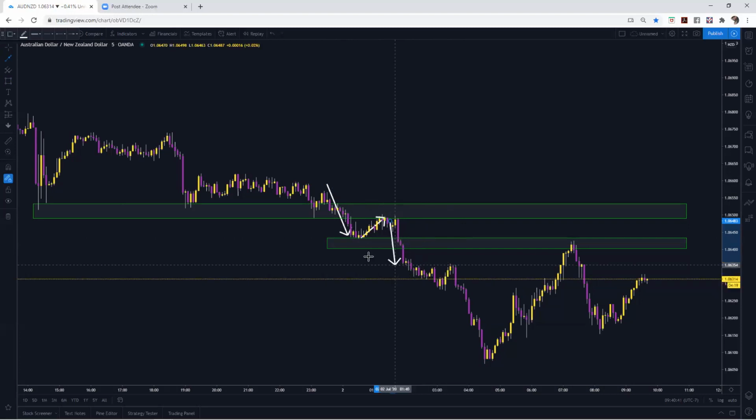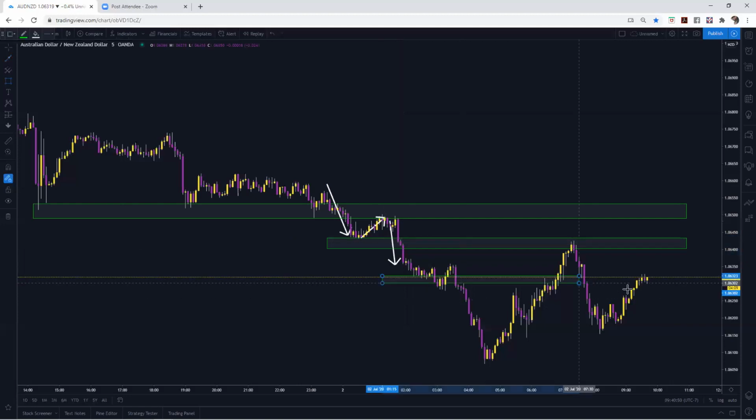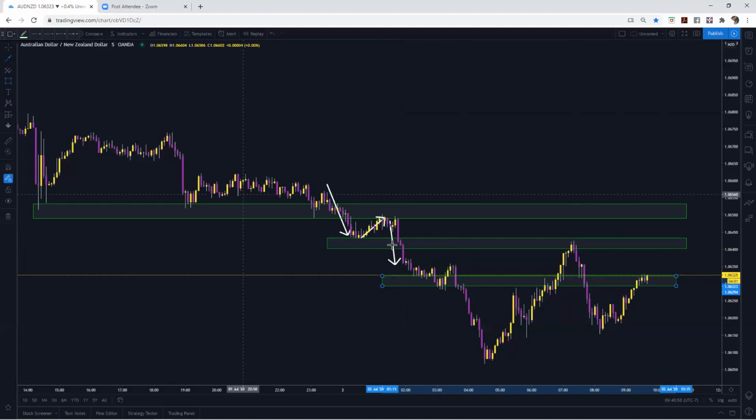That's basically all market structure is. It's really that simple. That's all it is. And we could draw another level right here. Same exact thing. So right here, this was resistance.